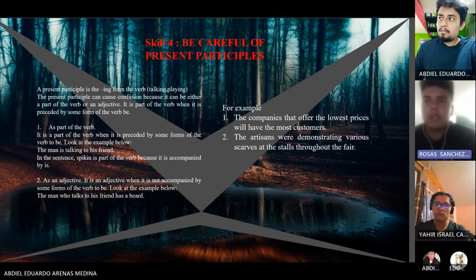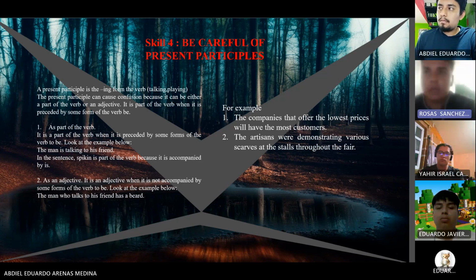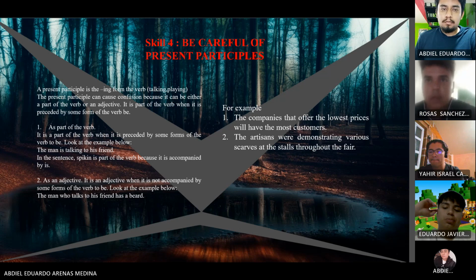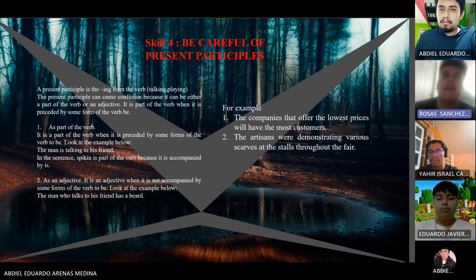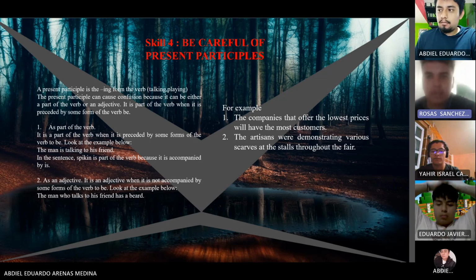The companies that offer the lowest price will have the most customers. Here offering is a participle adjective, and the subject is companies, and the full verb is will have.